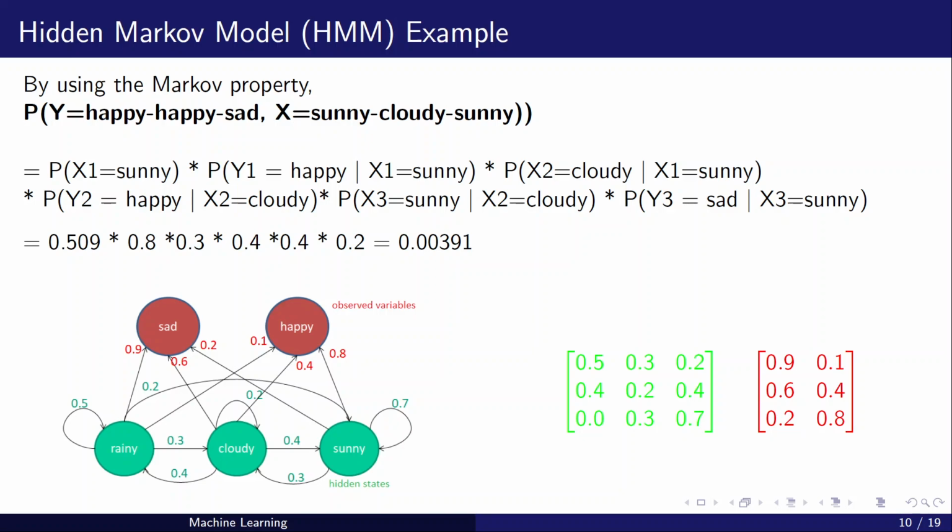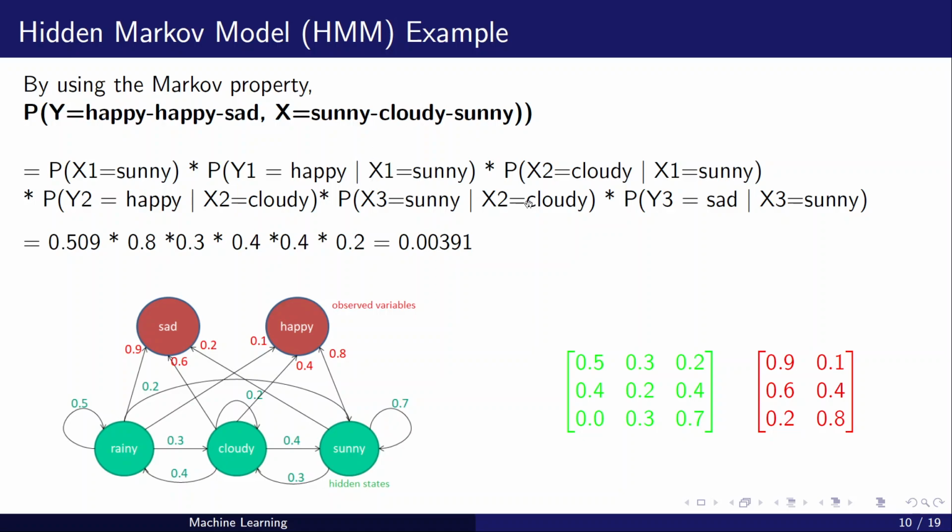This can be obtained as a product of 6 terms: probability of x1 equal to sunny, and probability of y1 equal to happy given x1, that is on a sunny day you are happy, into probability of x2 given x1, that is the sunny to cloudy transition, into probability of y2 equal to happy given x2 equal to cloudy, that is again you are happy on a cloudy day.